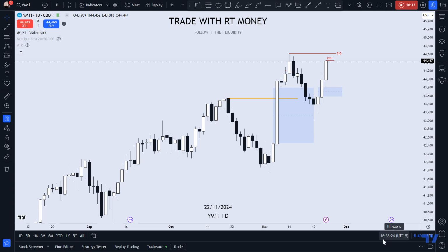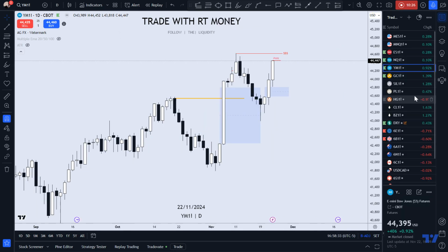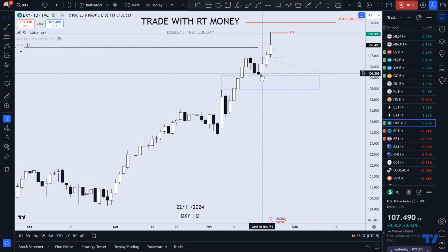And it's kind of weird because the US dollar, the Dixie, if I can get us to the Dixie real quick, will be traveling at the same path. It's been very strong. All right.